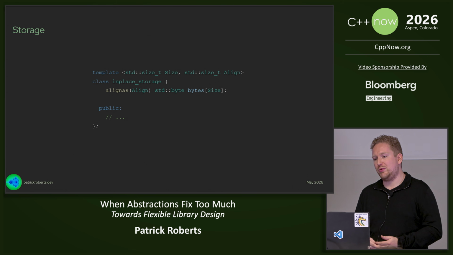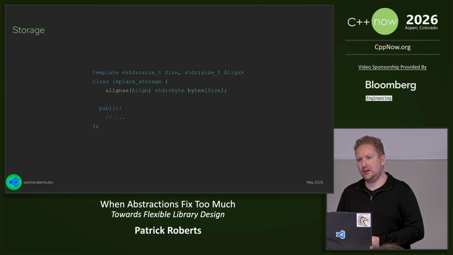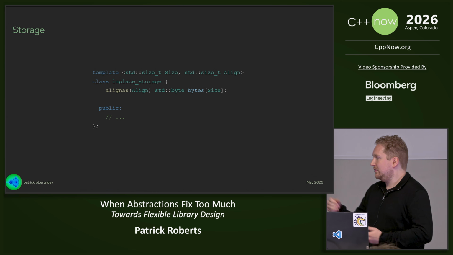You have to choose an upper bound for your size and alignment, and any concrete type that you want to erase, if it doesn't satisfy that, you just have to reject it. That can be a constraint. It could be a mandate, which turns into a static assert. So you can choose whether you want SFINAE or just a compiler error, or maybe you want undefined behavior and you don't want to constrain it at all.